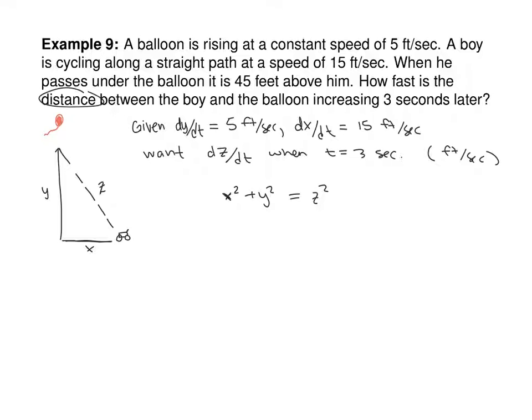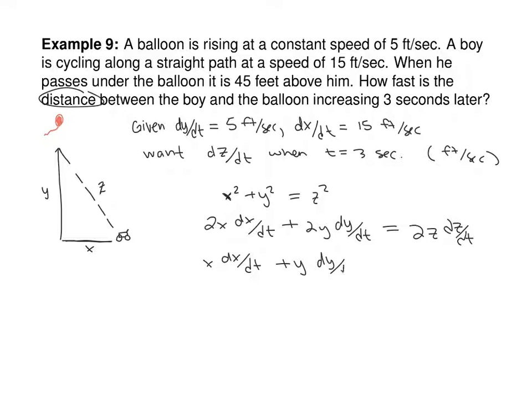Take the derivatives: 2x dx/dt plus 2y dy/dt equals 2z dz/dt. And do the 2's matter? No, so let's just get rid of them. x dx/dt plus y dy/dt equals z dz/dt. Okay.